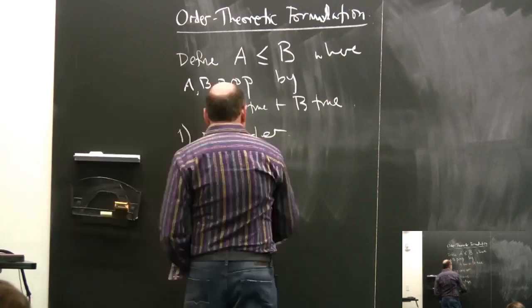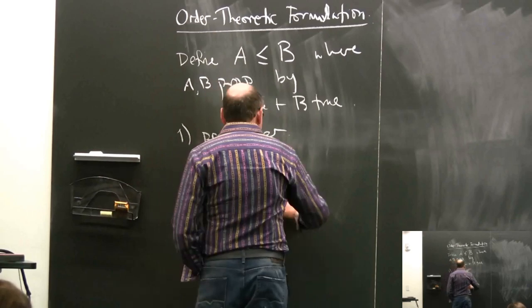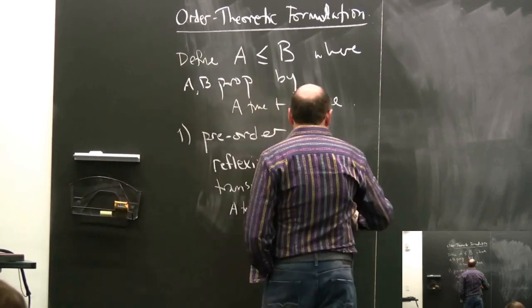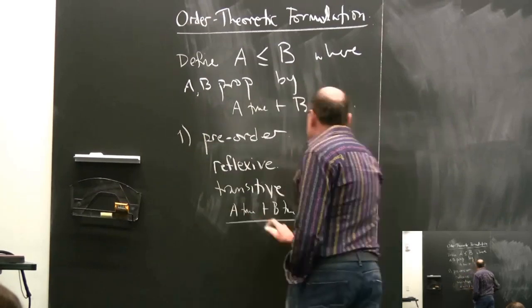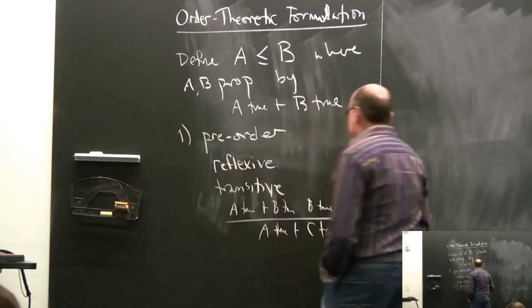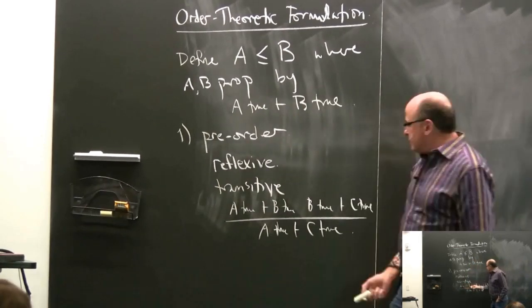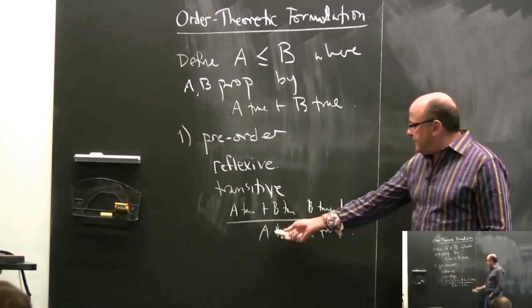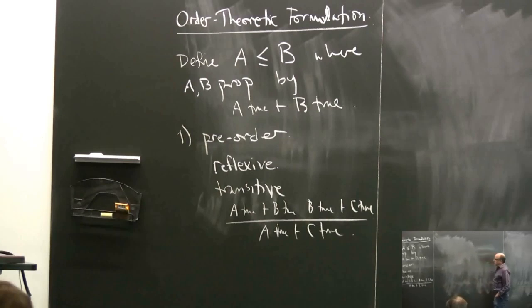What does that mean? That means that if A true entails B true, and if B true entails C true, then I can put those two things together and know that C is true. In other words, if A is less than or equal to B, and B is less than or equal to C, then A is less than or equal to C. So we have the structure of a preorder. That's the first fact.